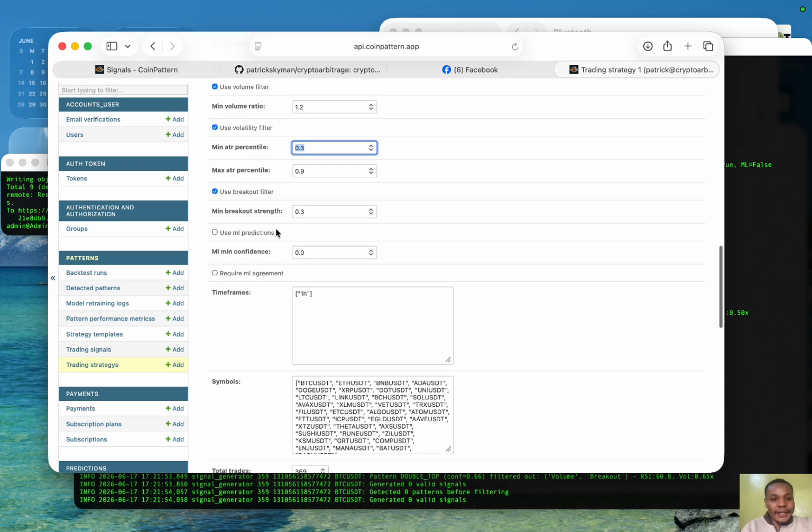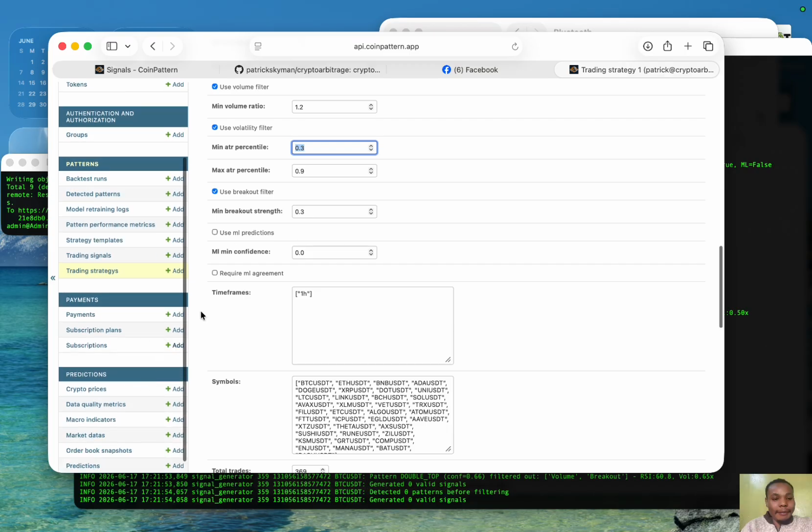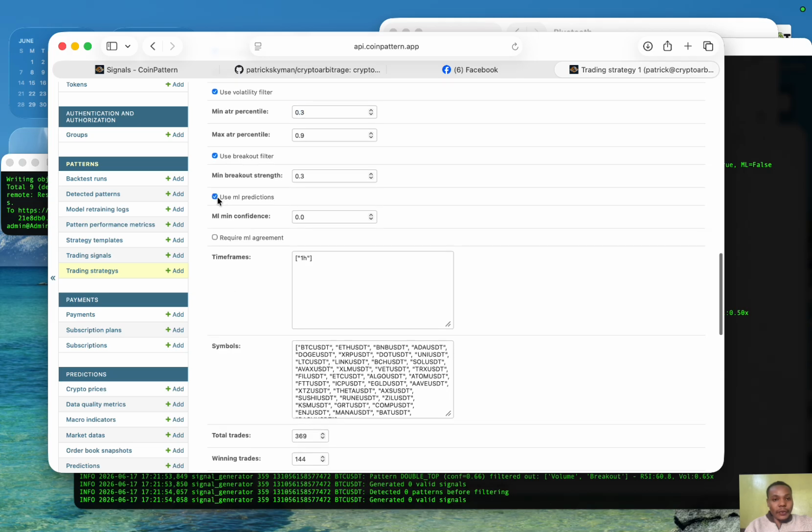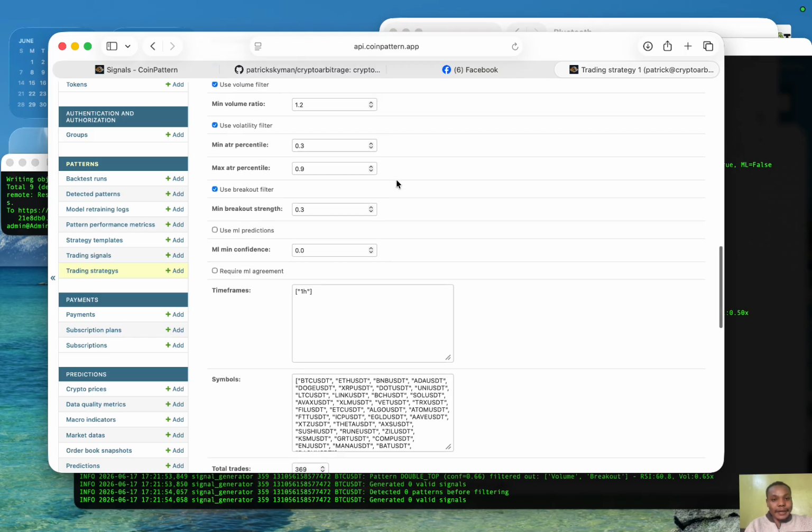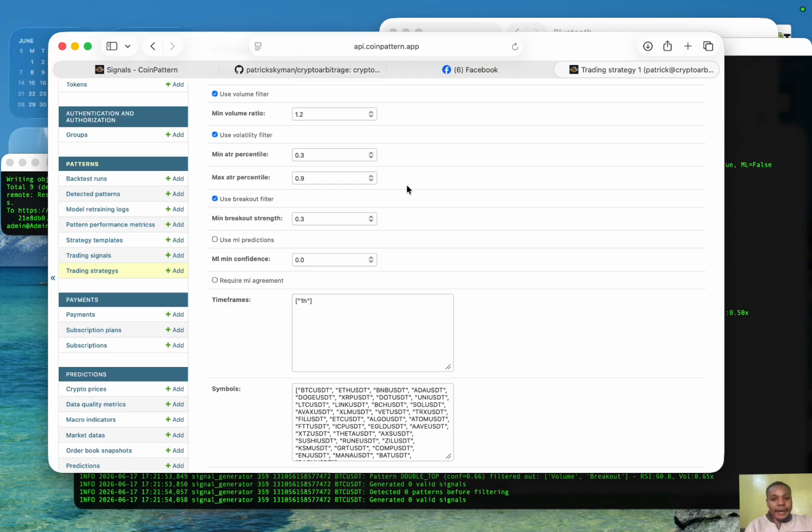Then we have the machine learning predictions. This means that our machine learning predictions are predicting whether the price is going to rise or fall. If you set this one to be used in this particular case, it means that if the prediction is a rise in a certain crypto, and you have detected a specific pattern, whether bearish or bullish, there has to be agreement.